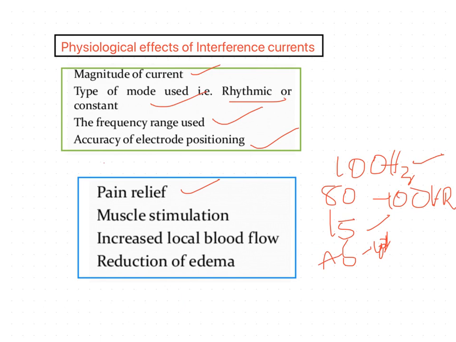The application of frequencies higher than this maximum could block transmission along these fibers altogether. Such frequencies are mainly used to reduce acute pain and chronic pain syndromes. This is about pain relief.